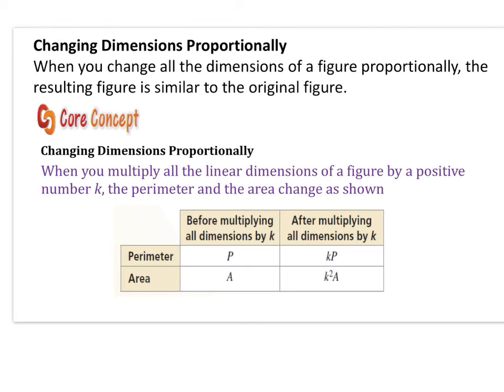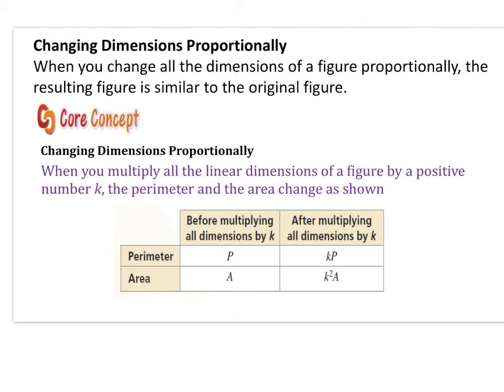Before multiplying all dimensions by k, you've got your perimeter, capital P, you've got your area, capital A. When I multiply all dimensions by k, the effect on the perimeter is the same factor, k, that I applied to all dimensions. But for area, I'm squaring that k value, meaning k times k affects the area.